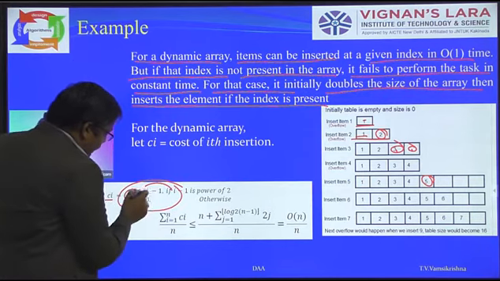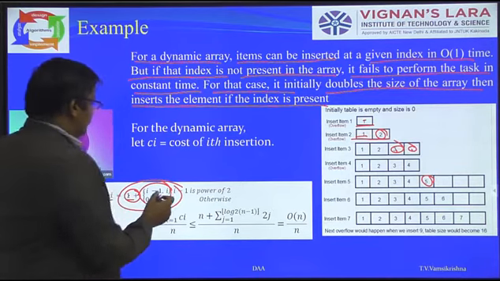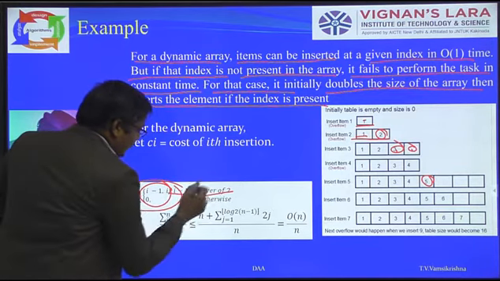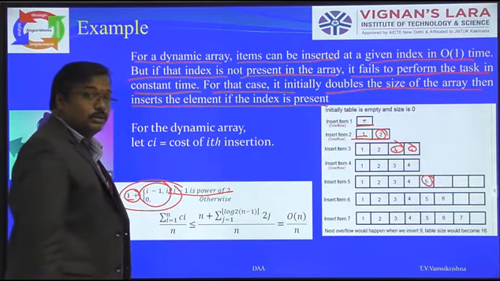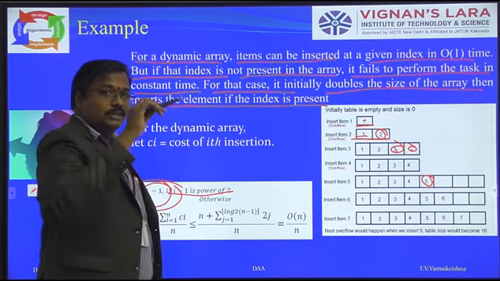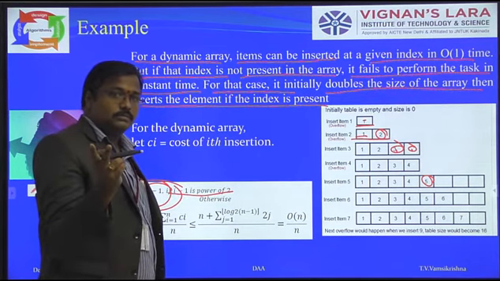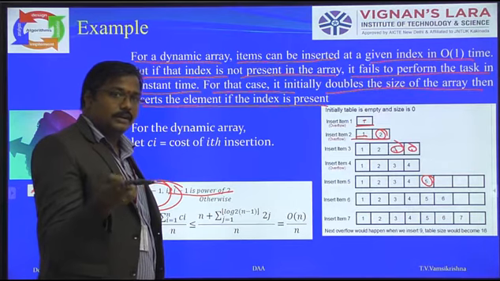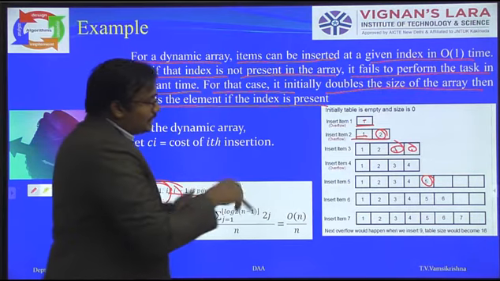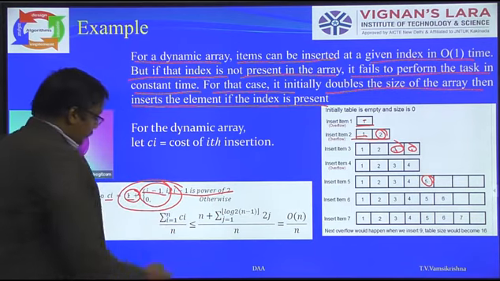After that, the cost is added if i minus 1 is a power of 2. Why? Because for one element it is 2 power 0, for 2 elements 2 power 1, for the next element 2 power 2, so each time the power doubles.